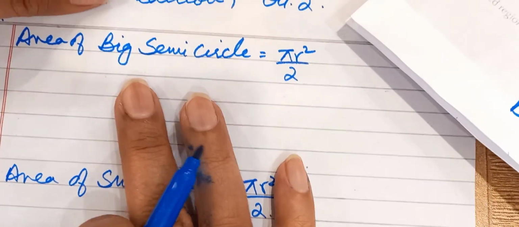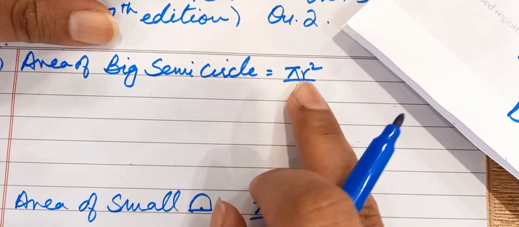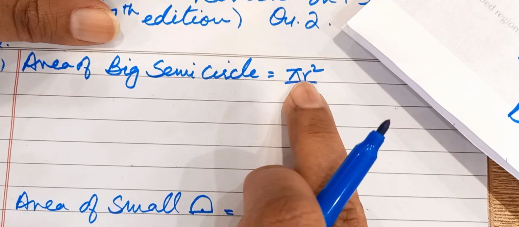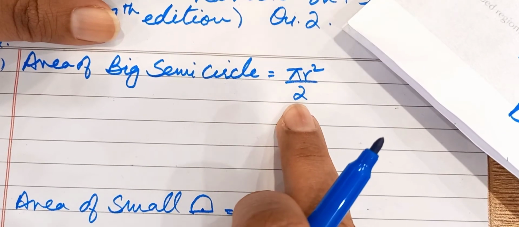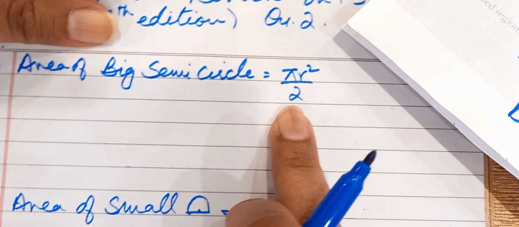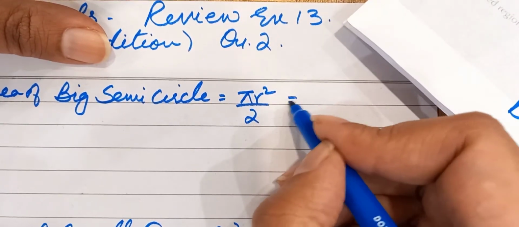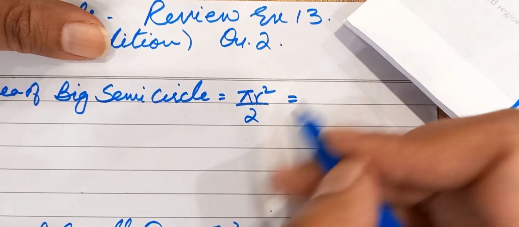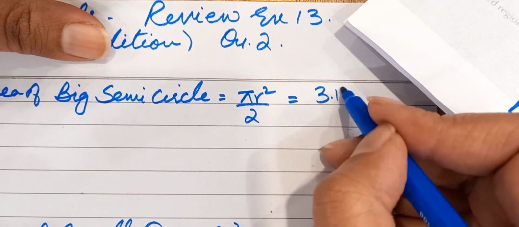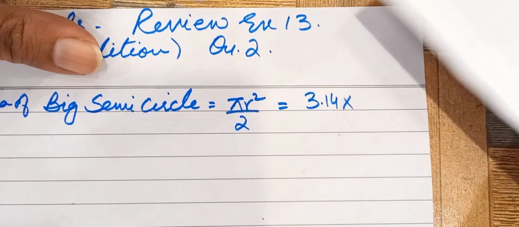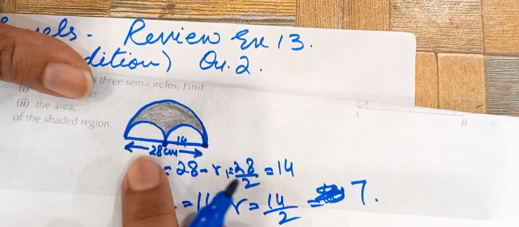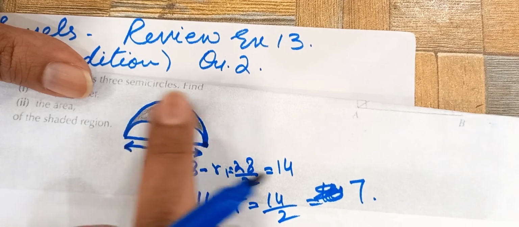First of all, we are going to find the area of the big semicircle. Area of a circle is pi r squared. If we divide it by 2, we'll get the area of the semicircle. So we'll fill in the values. Pi is 3.14 and r for the big semicircle is 14.